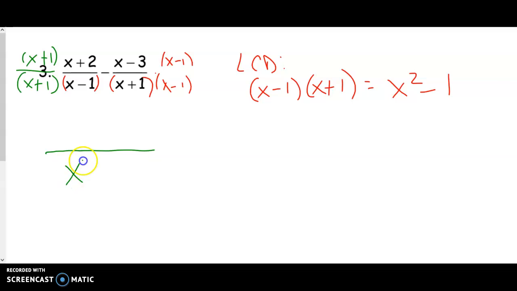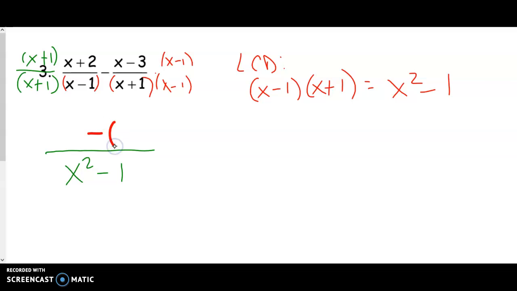So our denominator will be x squared minus 1. And we are essentially using that process where we multiply our denominators, we'll multiply these, multiply those, and it will check out. All right, so be careful with your minus. There's a big minus in the middle.